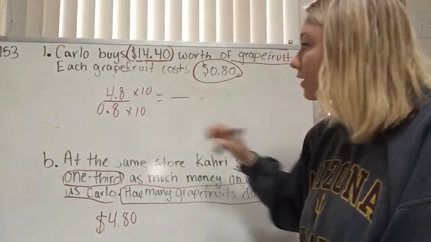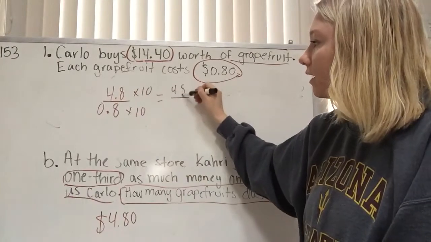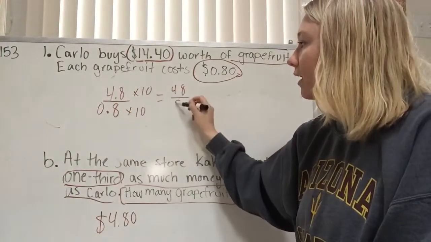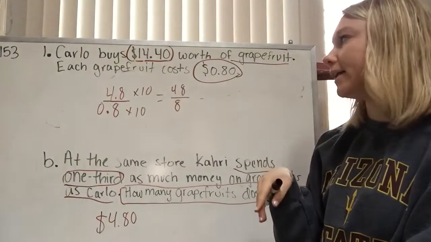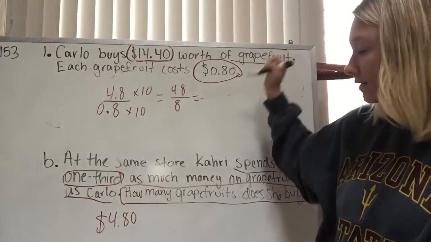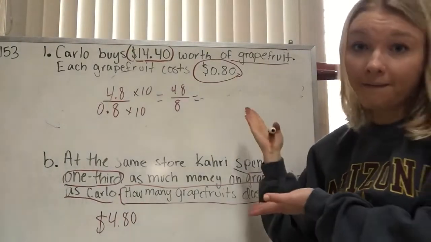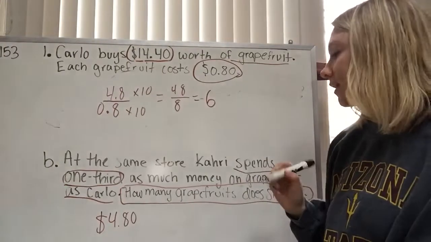And I'm going to get 48 over 8. Do I need to go through all the trouble of dividing? No, because I know that 8 times 6 is 48. So the answer is 6.